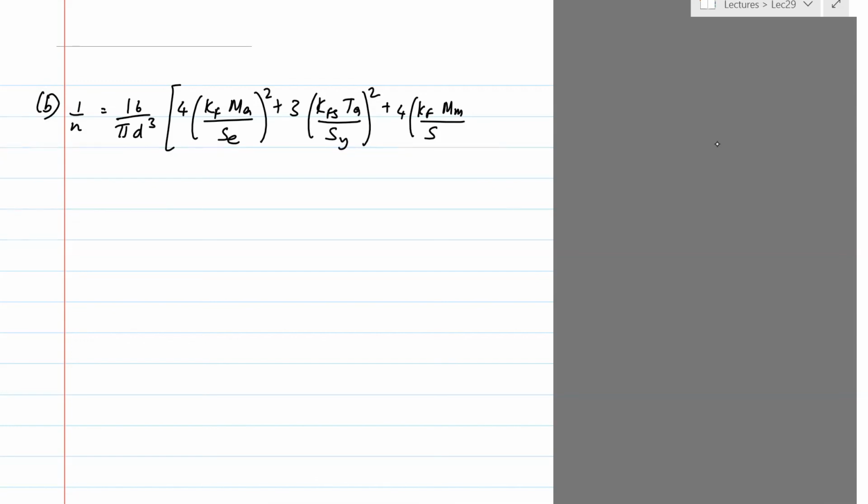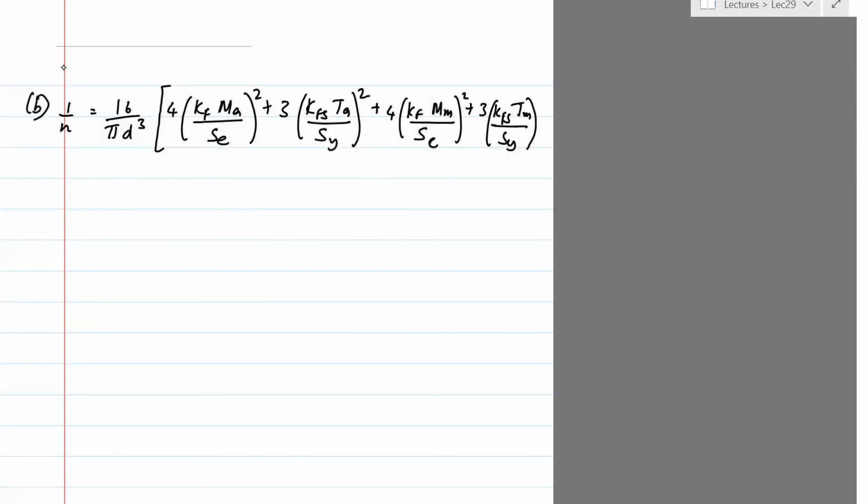SY, 4 KF squared plus 3 KFS times TM divided by SY, squared. Okay, the two things cancel off: one is the TA part and then the MM part.